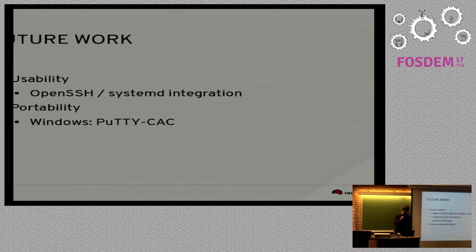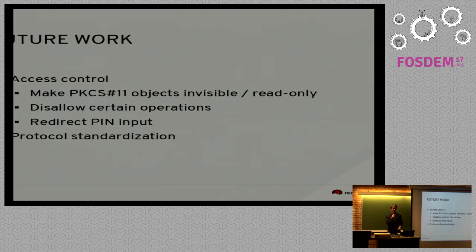And as the question mentioned, there are some slight security implications, such as all the objects on the smart card being visible on the remote side. I think it is not so secure, so we probably need to provide access control on it. And there are some operations that might not be useful in forwarding, so maybe we can disallow unused operations.